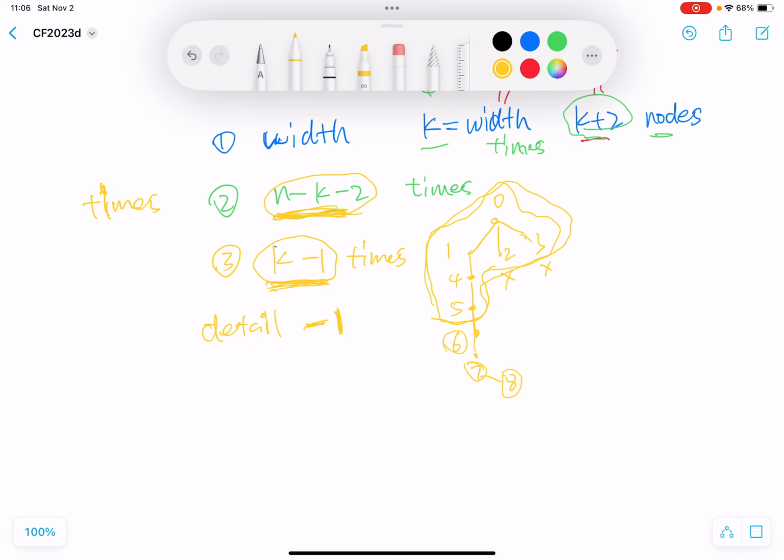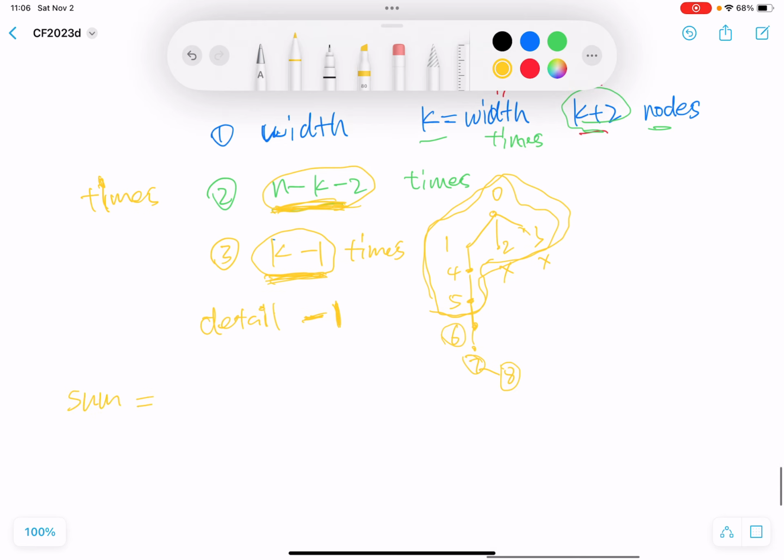So the sum will be, first is k, plus, second will be n minus k minus 2, plus k minus 1, minus 1. This will be n plus k minus 4. We need to compare this.